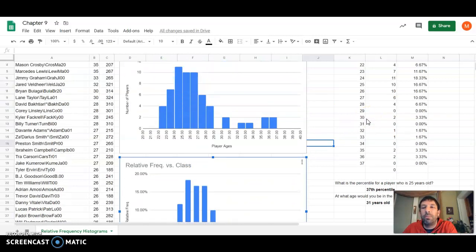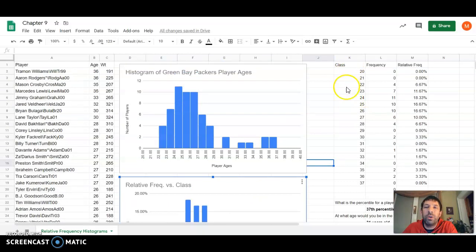Just to point out one other thing, we chose classes that were 1 year apart, okay? But I could have grouped Packers into every 2 years. So for example, all the 20 and 21-year-olds together, all the 22 and 23-year-olds together, 24 goes with 25, and so on.